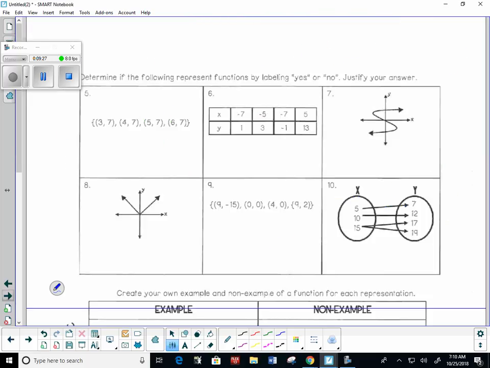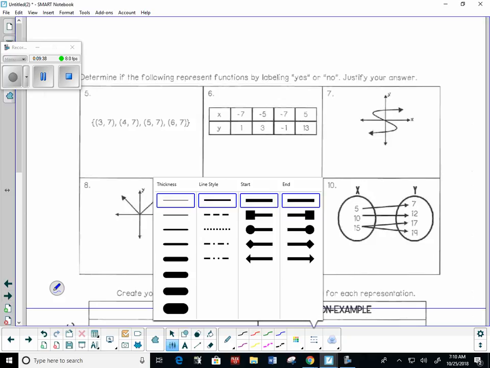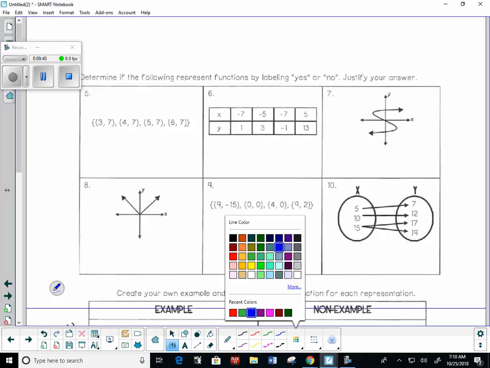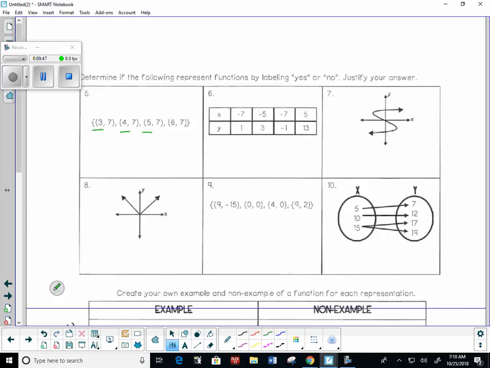Okay, so now we're going to determine if the following represents a function by labeling yes or no. Justify your answer. Okay, so the first thing we're going to do is look and see, let's just do it this way. Okay, so we're going to look at our x's. There's a 3, a 4, a 5, and a 6. Okay, so is it a function?